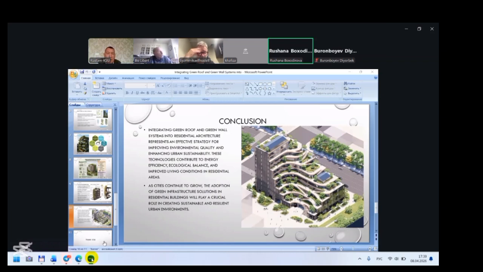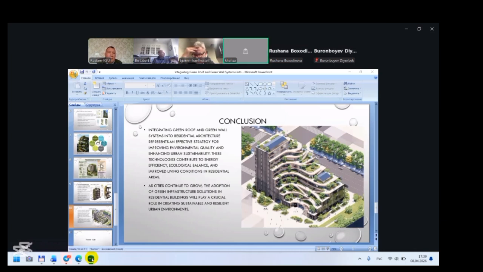The presentation is interesting and useful for us, but I have a question for Hafiza. How do green roof and green wall systems support the sustainable development goals introduced by the United Nations?